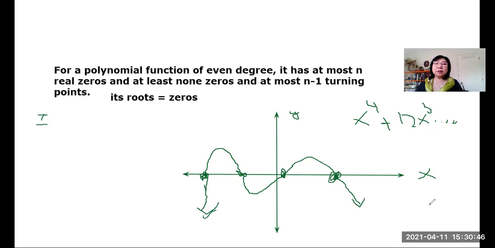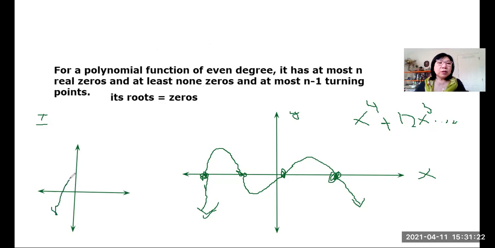If they are in opposite directions, what do I mean by opposite direction? Maybe I have to demonstrate one. Let's say here you have another function and it looks something like this.